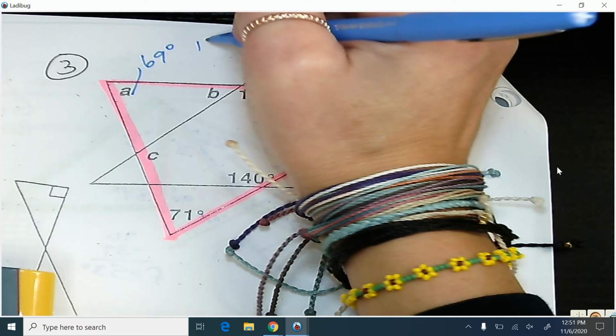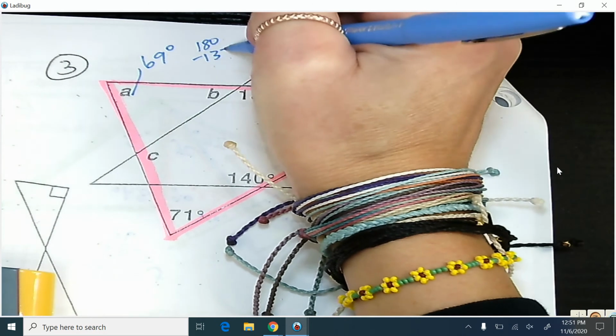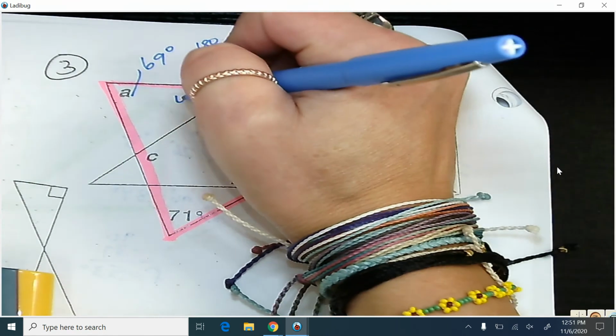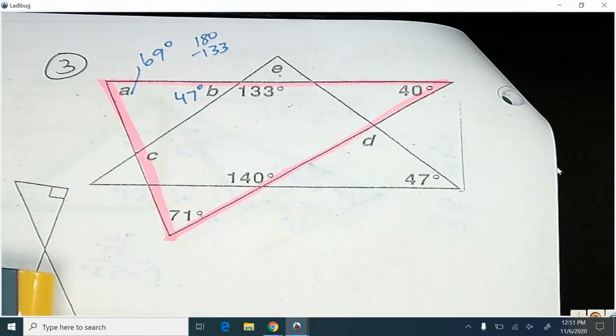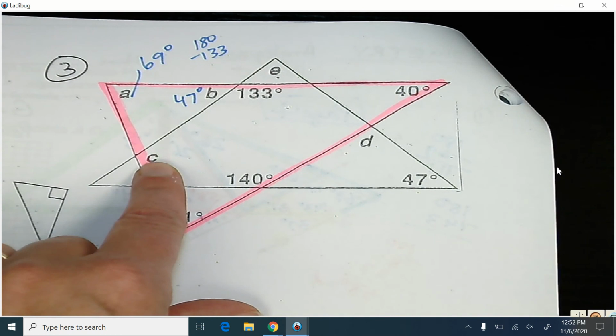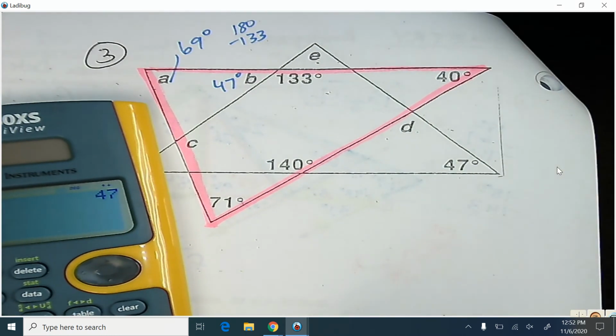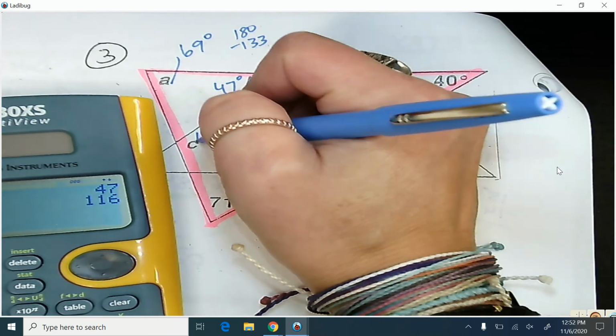So this is going to be 180 minus 133, so that'll be 47. Actually, C is just exterior, so you could add these two angles together to get C. That's the easiest way to do it. So 47 plus 69 gives you 116.